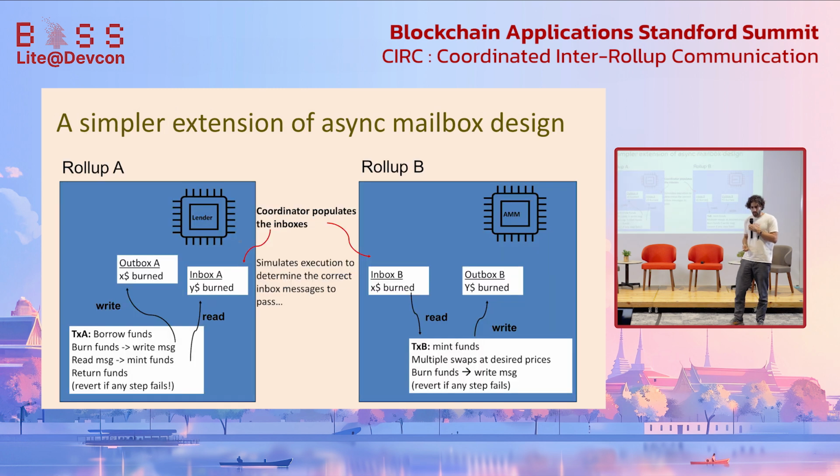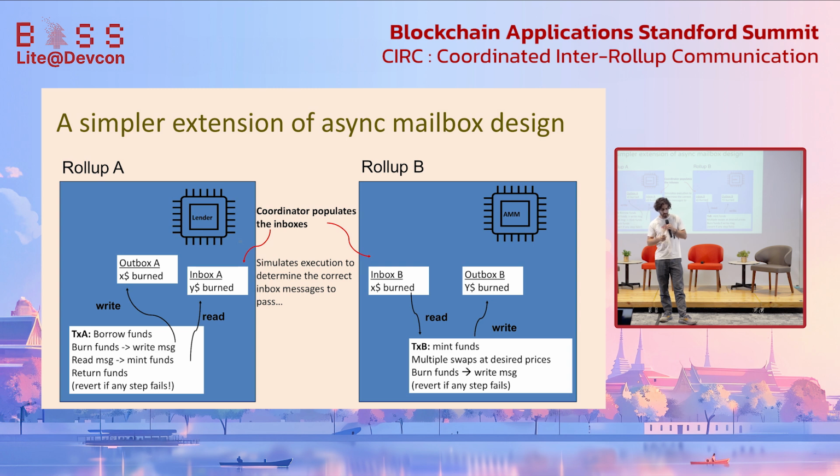Now, I'm going to present something that's much closer to the way that people are designing cross-chain communication today, such as in the Optimism ecosystem and in the Polygon ecosystem. And it's a simple extension of the asynchronous mailbox design that I just presented. You can think of it as a special case of creating a distributed snark at least in the ZK case.